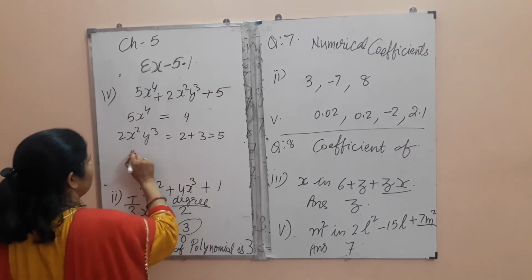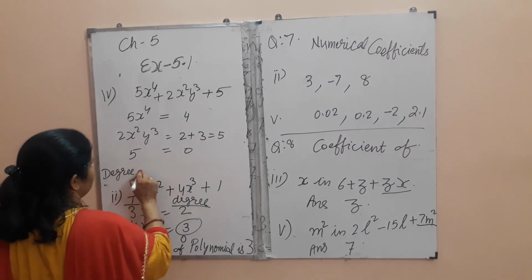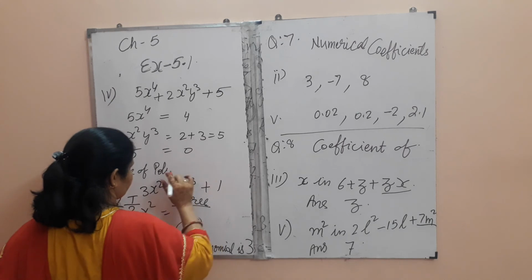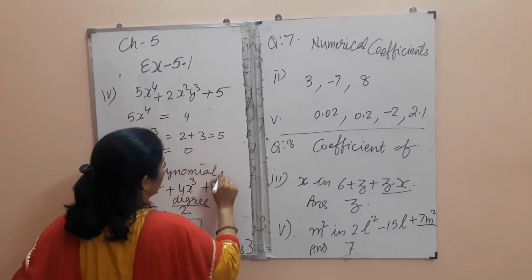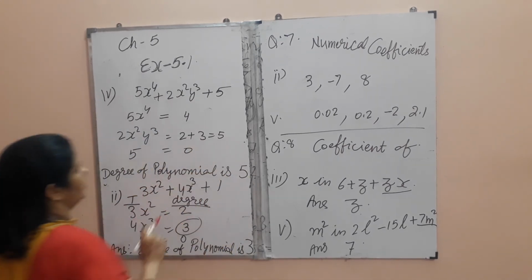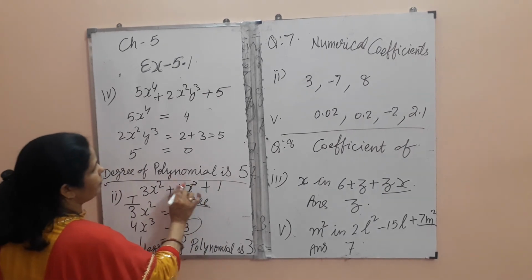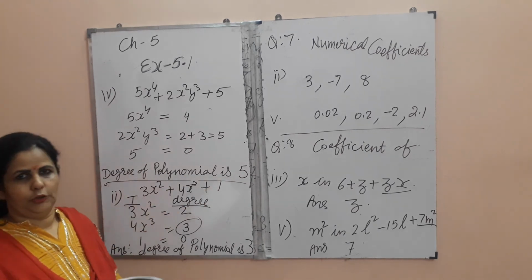And for 5, the degree is 0. So the degree of the polynomial is 5. Understood? So like this we will find out the degree of terms as well as the polynomial.